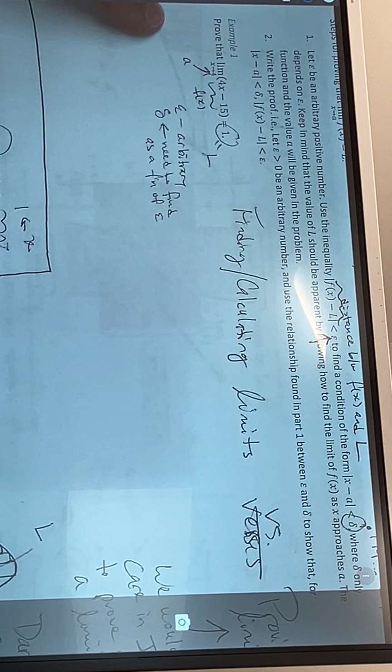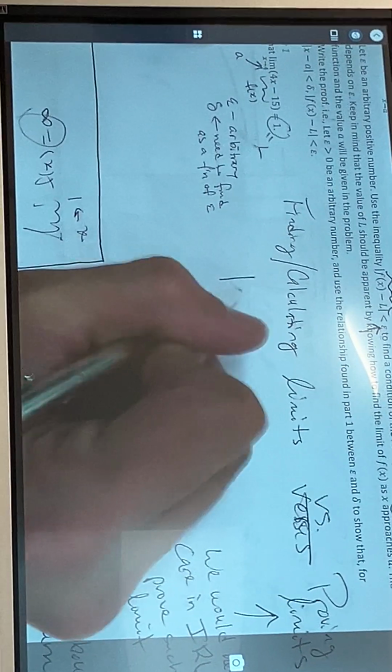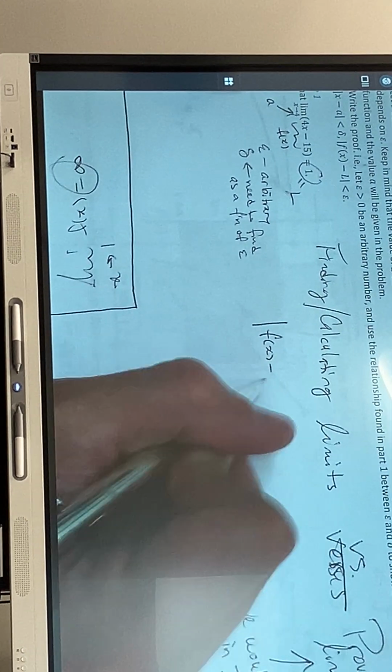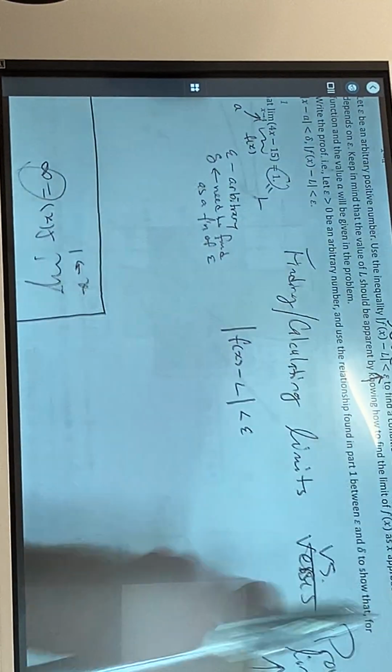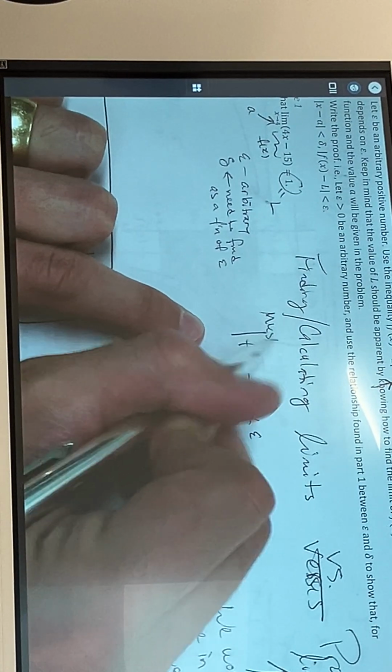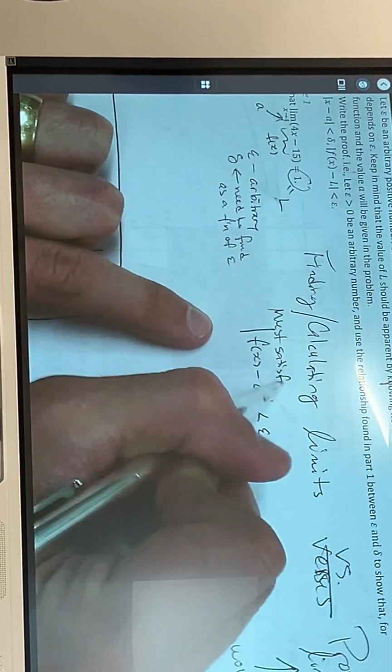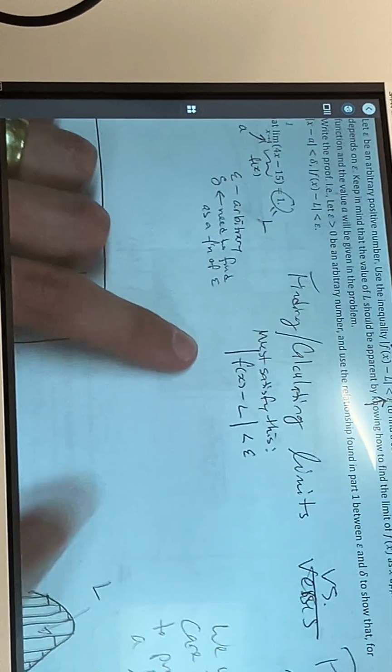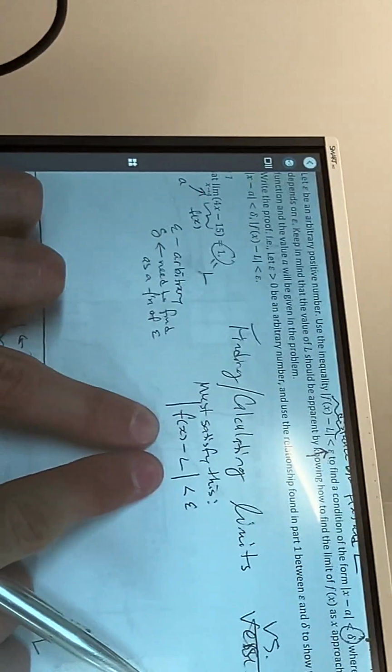All right. Here goes this one. We'll write this first because this is the condition that we're trying to satisfy: that the absolute value of f of x minus L, we want it to be less than epsilon. We must satisfy this thing right here.